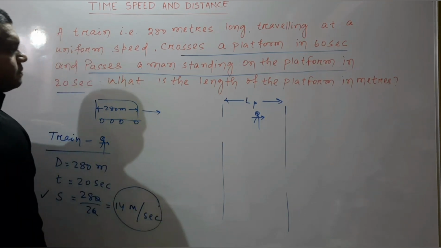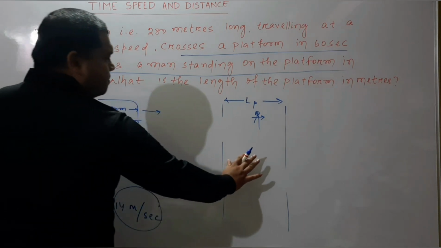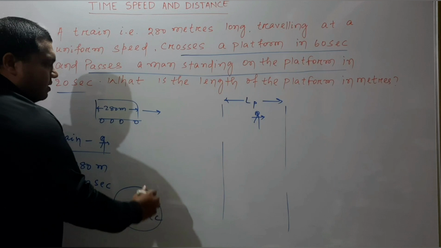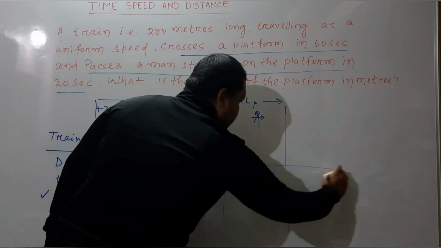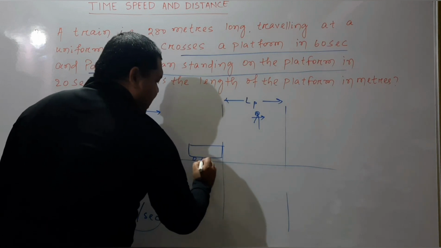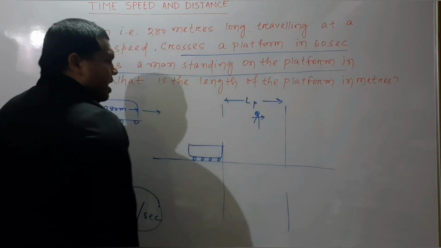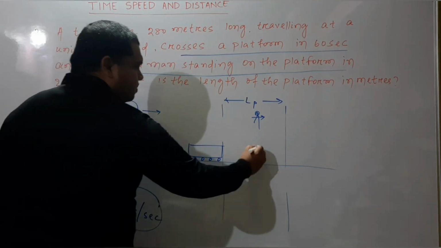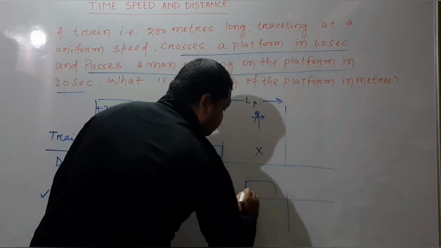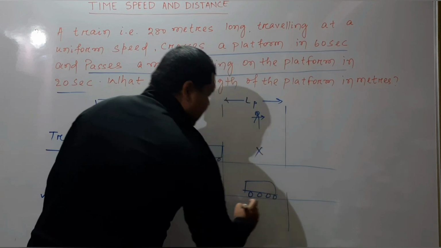Now look, to pass this platform, how to find distance? For that, look at this scenario. Suppose train is at this position. Can this train pass this platform? No. Let train be at this position. Can it pass?